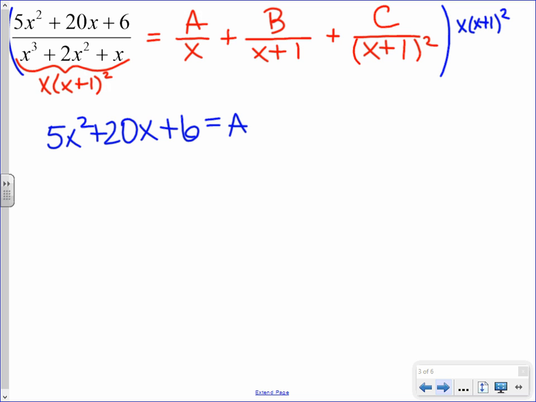I didn't really get that plus in there, did I? Okay. What about B? What does B get multiplied by after we cancel some stuff out? I would leave it as x times x plus 1. Yes, it's x squared plus x, but I would leave them separated out for right now. And then C is only left with x.